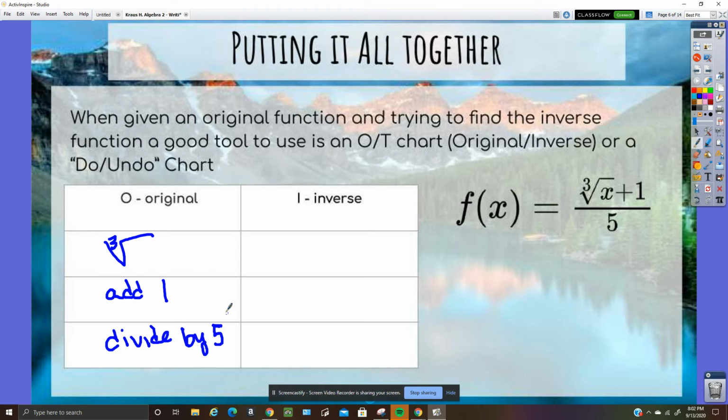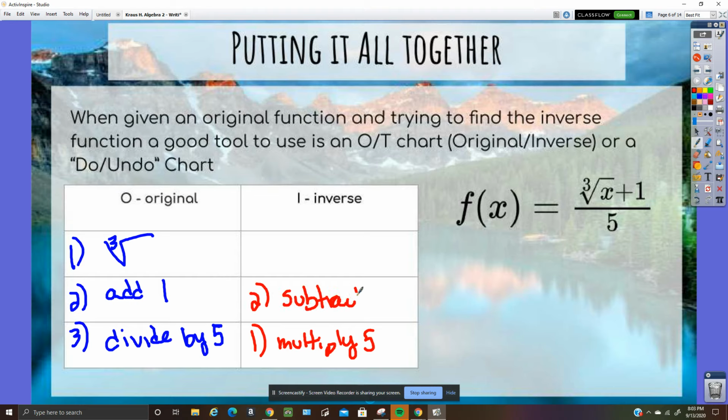So we did this in class before. This is 1, 2, 3. We did this in red, so let me get red there. So 1 would be multiply by 5, 2 would be subtract 1, and then 3 would be cube.